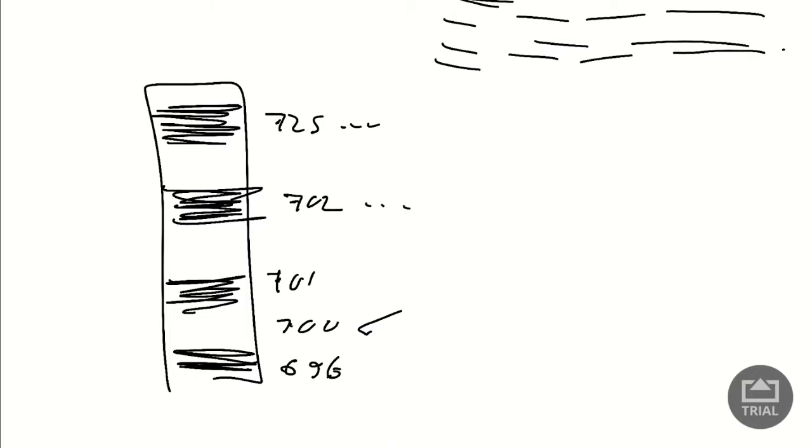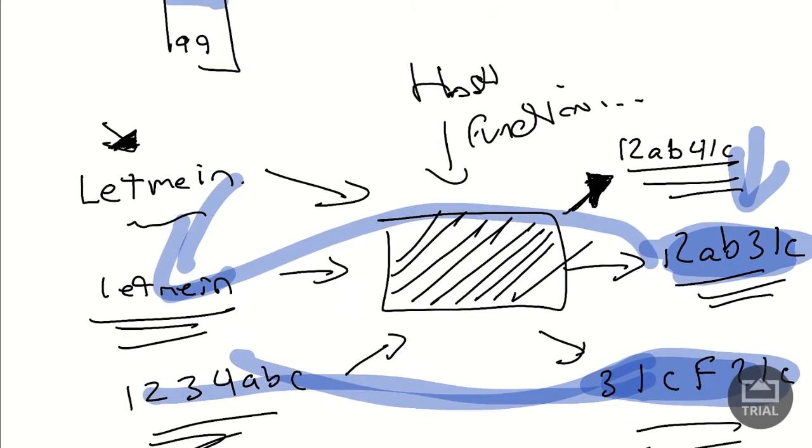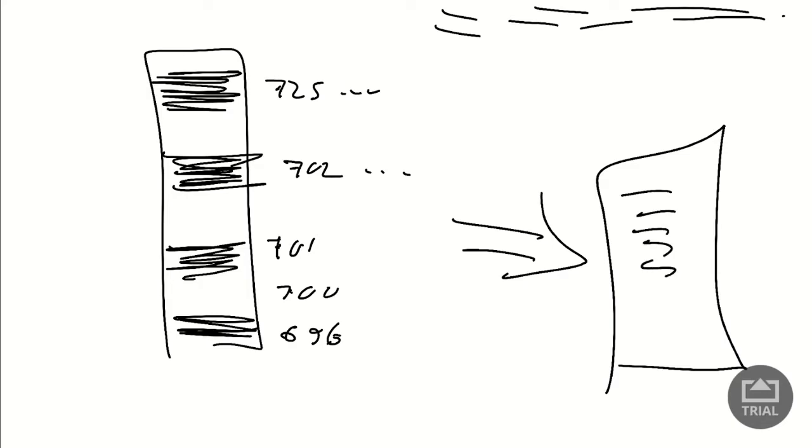Anyways, the point is that your data tends to cluster, and the avalanche effect is really good to avoid that clustering, because if you have two passwords that are identical, but they create completely different hash values, they're going to be stored in completely different parts of your hash table, and that's going to take this clustering and basically even it out, make it more even throughout. Okay? That's a good thing.